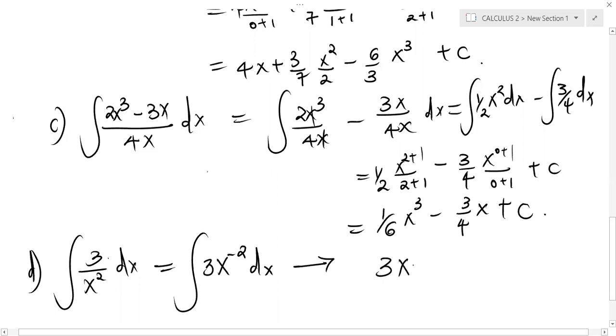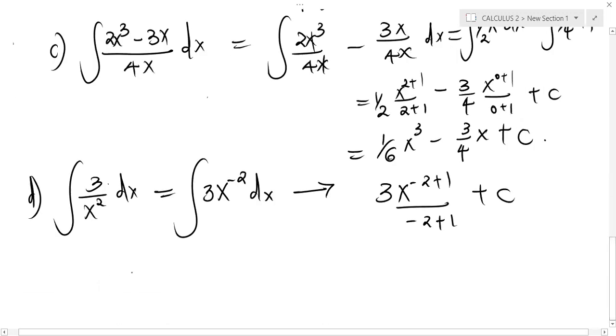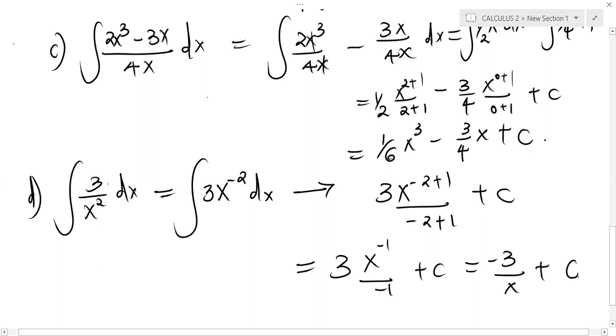This will be 3x^(-2+1)/(-2+1) plus c. So what's going to be the answer for that? Minus 2 plus 1 is minus 1, so 3x raised to power minus 1, all divided by minus 1, plus c. This is just the same as minus 3 over x plus c.